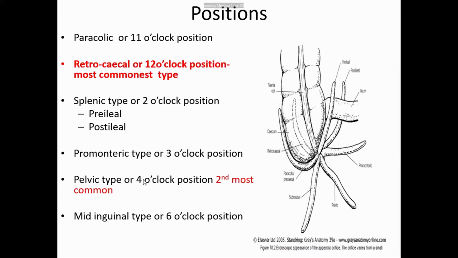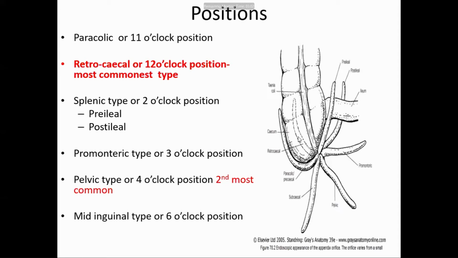Pelvic type or the 4 o'clock position. It is directed towards the pelvic cavity, so it is named the pelvic type. And this is the second most common. Most common is the retrocecal, and the second most common is the pelvic type, present in about 30% of cases.